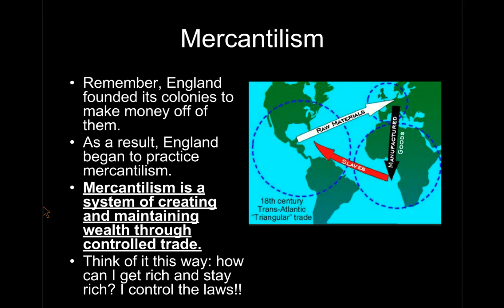And mercantilism is another vocabulary word for us. Mercantilism is a system of creating and maintaining wealth through controlled trade. So think of mercantilism this way. How can I get rich and stay rich? The best way to do both of those things is to control the laws.